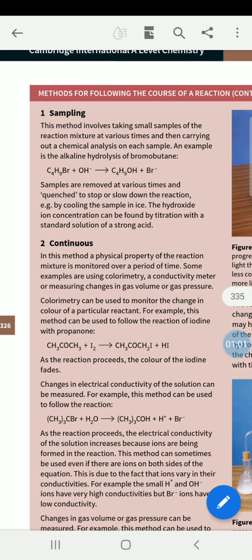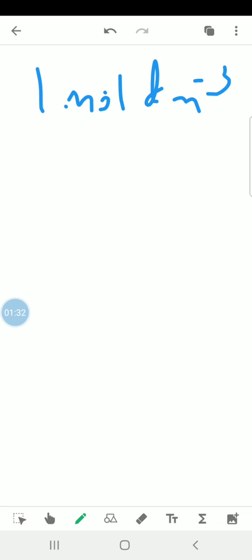For example, if you take a chemical reaction where the original concentration was 1 mole per cubic decimeter, then after 5 minutes it might have reduced to 0.5 mole per cubic decimeter.